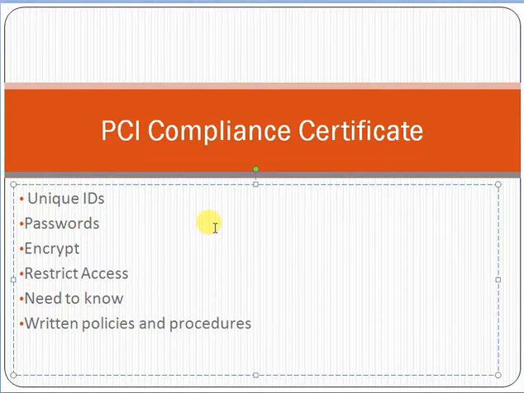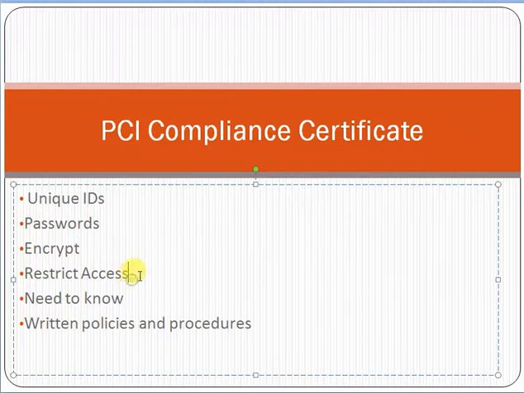It should be a very complex password. It should not be easily readable. The transactions should be encrypted. Whatever transaction goes through the system should be encrypted. It should not be easily accessible.